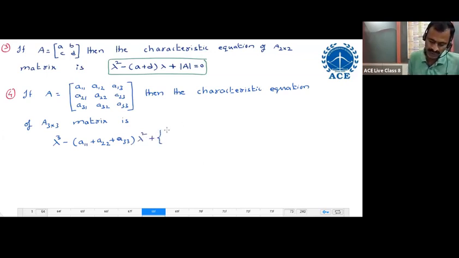Its coefficient is the sum of the 3 second order determinants, whose elements we will read later, into lambda minus determinant of A equal to 0.